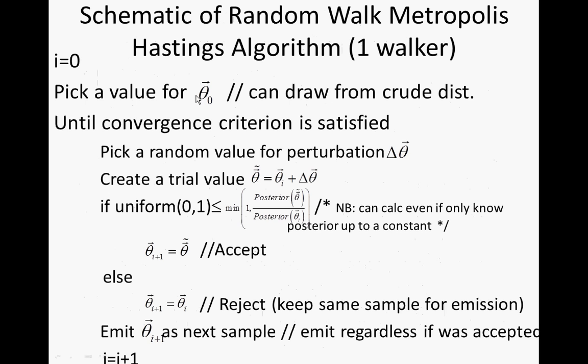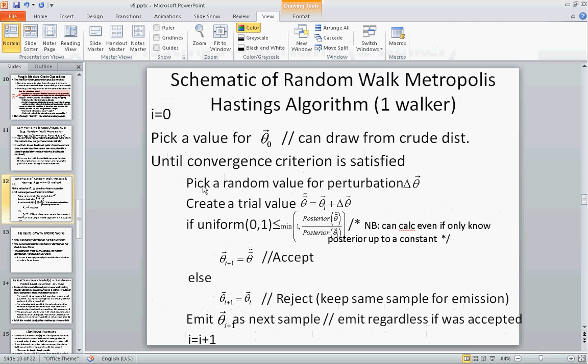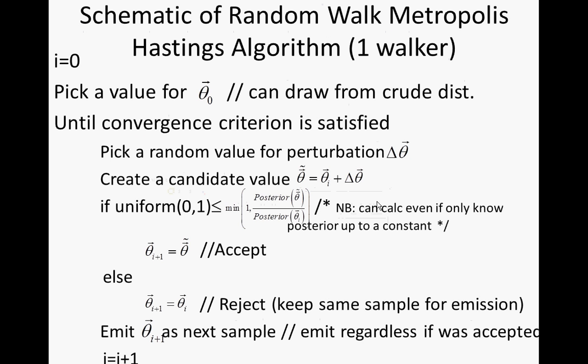So to use consistent terminology, I'll say a candidate value at this theta tilde. And depending on the ratio at the last accepted point and this point, we either accept or reject. And it's automatically accepted if the new value is of higher likelihood.